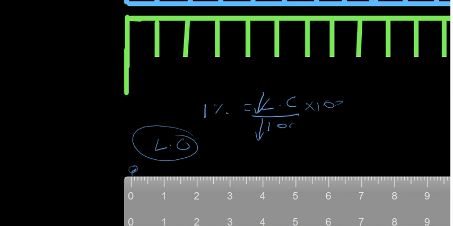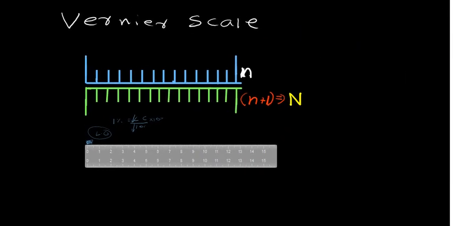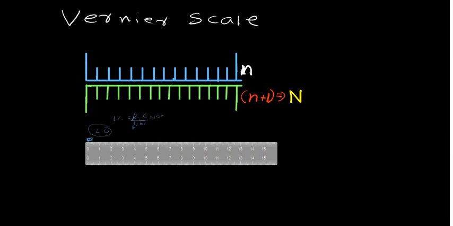But in a meter ruler, the least count is a millimeter, so we can't divide the millimeter any further. Even if we could divide it, it's very difficult to measure. The main reason for that is our eye sensitivity, because the eye can only recognize somewhere around 100 micrometers, which means 0.1 millimeter.